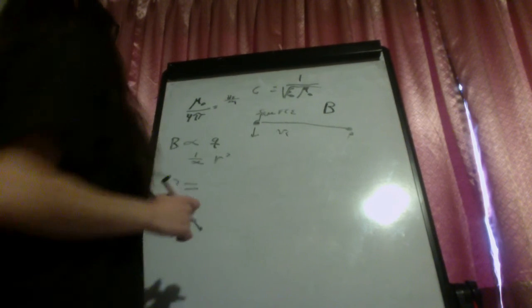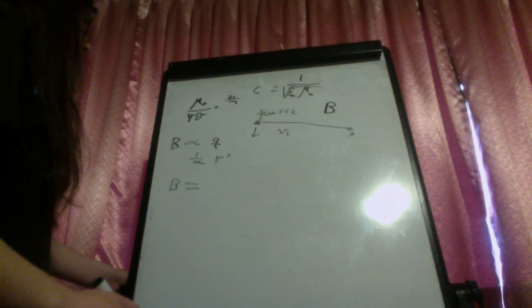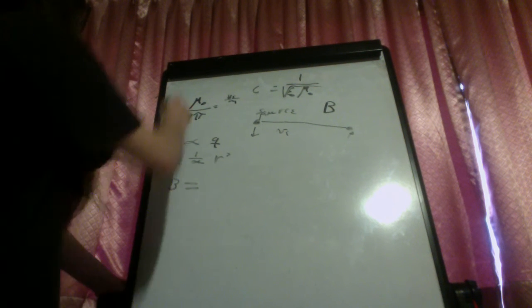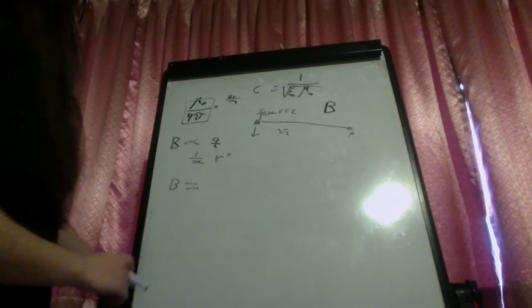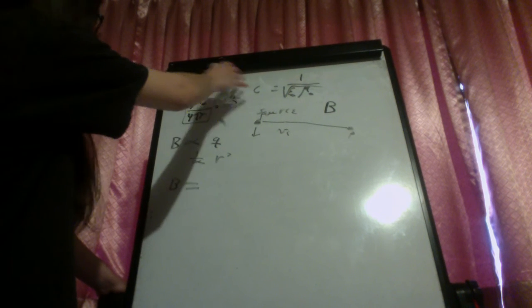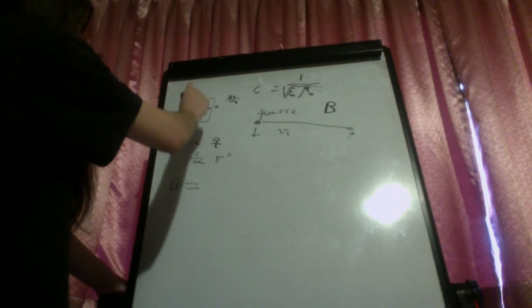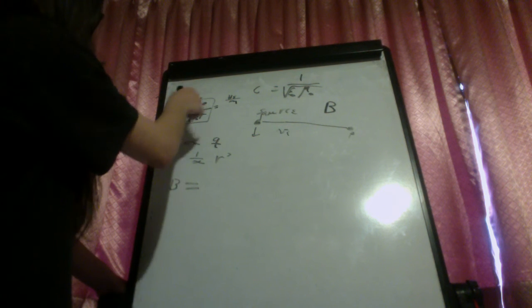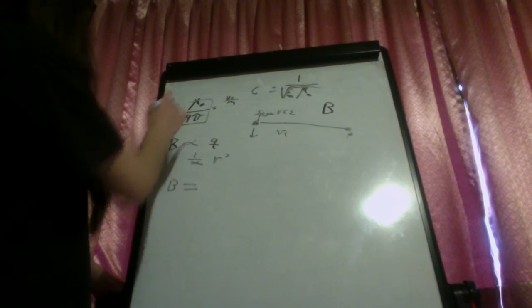Well, in any case, we have mu naught divided by 4 pi. This is just a number, but we like to put it in this way. Mu naught is just a constant, so we could operate this and have just a number, but we like to put it this way.